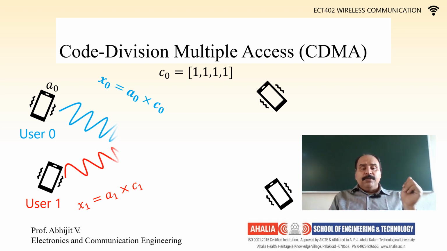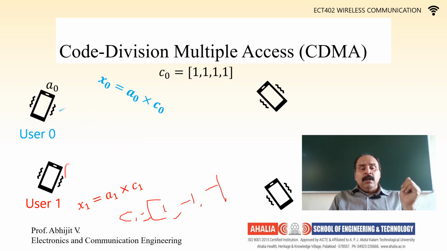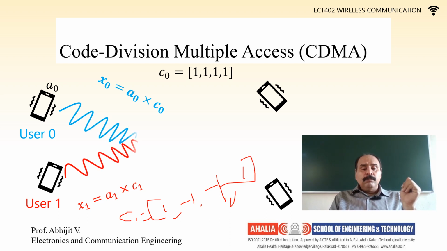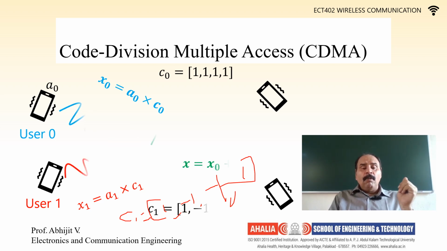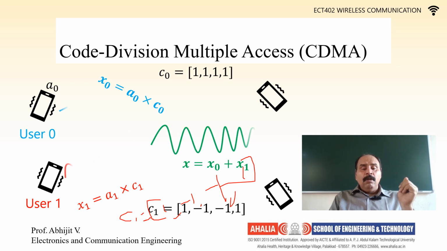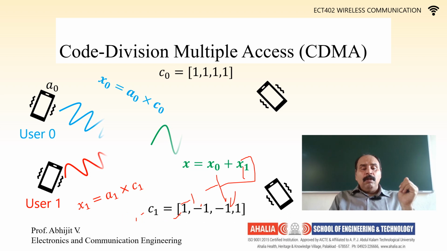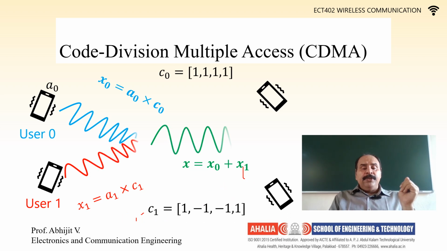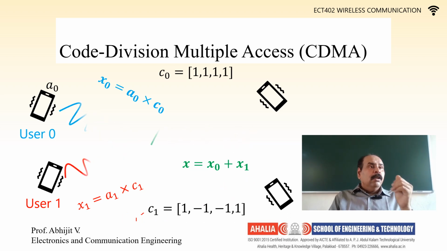So this is what we have seen so far. We have C1, I'm sorry, C1 is equal to 1, minus 1, minus 1, 1. Yes, it is correct in this slide.